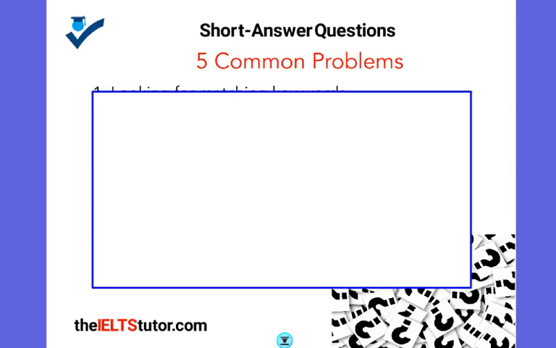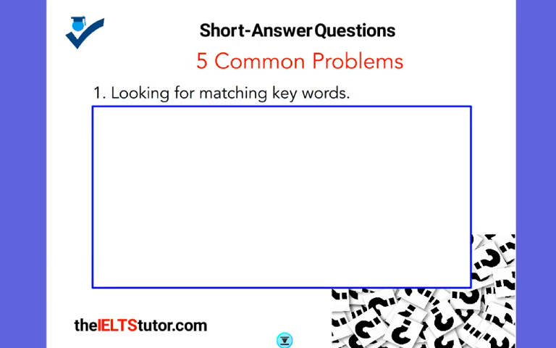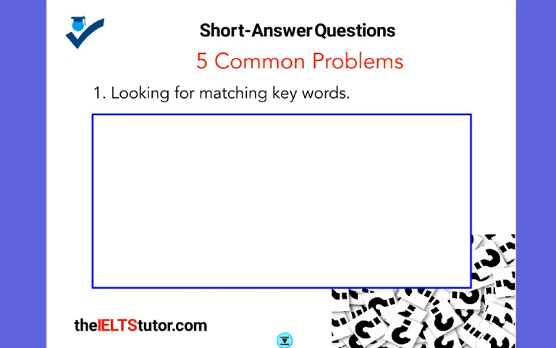One of the things that are stopping people from scoring a high band for this type of task is looking for the exact keywords that they see from the question and trying to match them to the text.